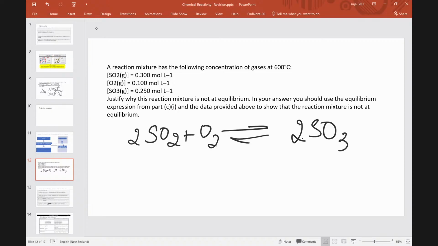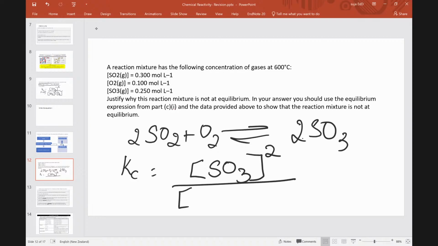So what we have done is write the equilibrium constant expression, which we write as Kc is equal to the concentration of your product to the power of 2 divided by SO2 to the power of 2 times the concentration of oxygen to the power of 1.